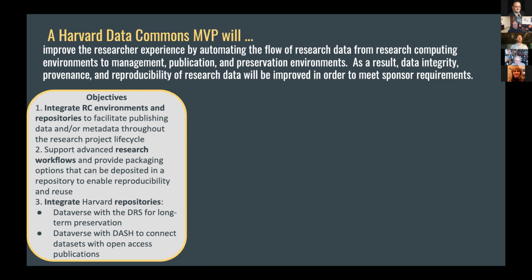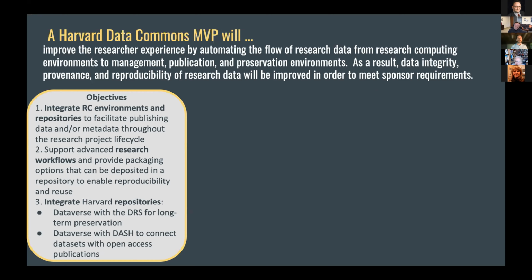The other thing is that the Harvard library system in itself is a huge set of different repositories, from geospatial to poetry to all sorts of different imagery. At this point, we want to take two of them. One is the digital repository service, for long-term preservation, keeping copies in four different locations on disk and tape.